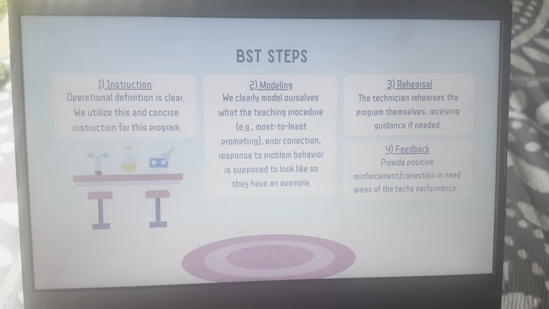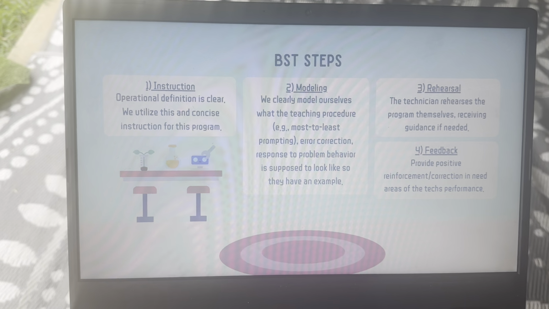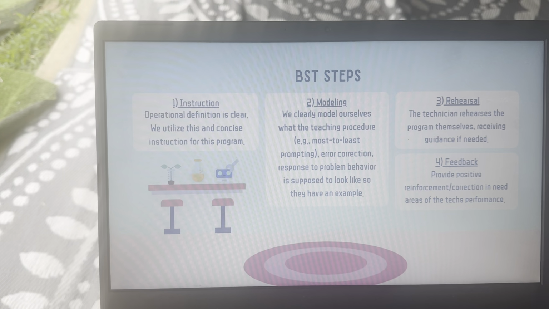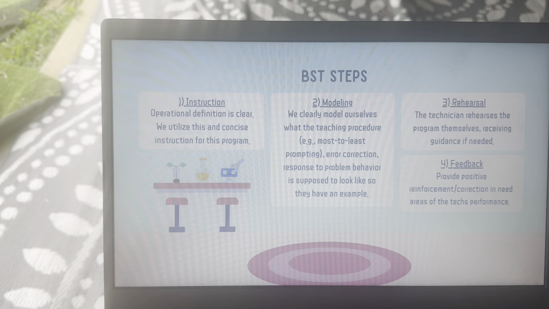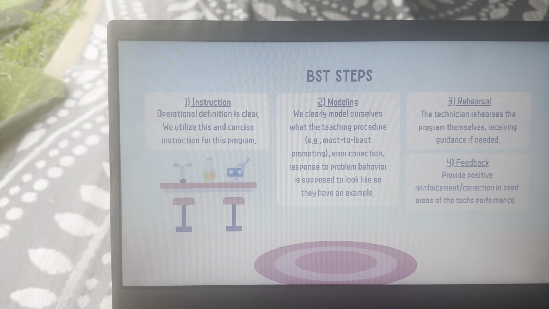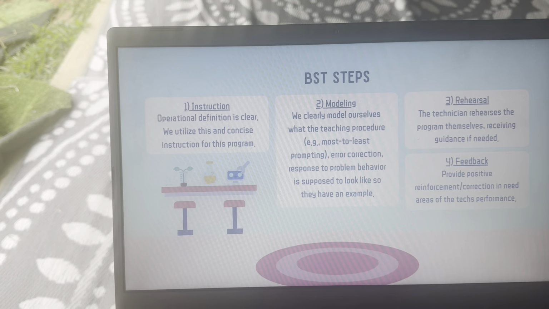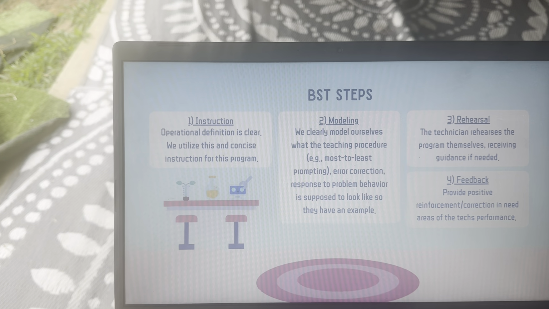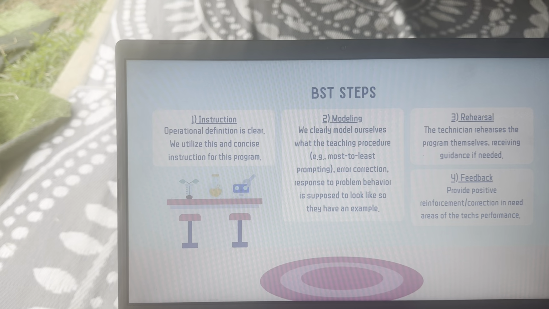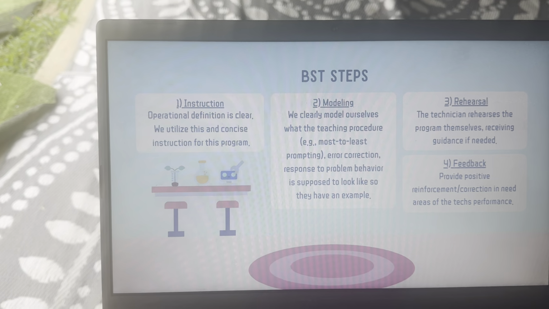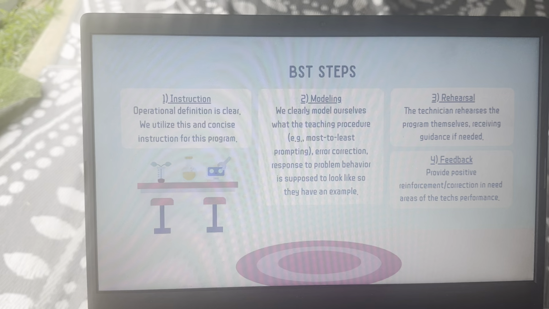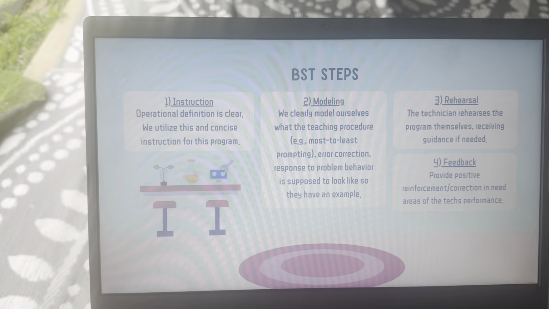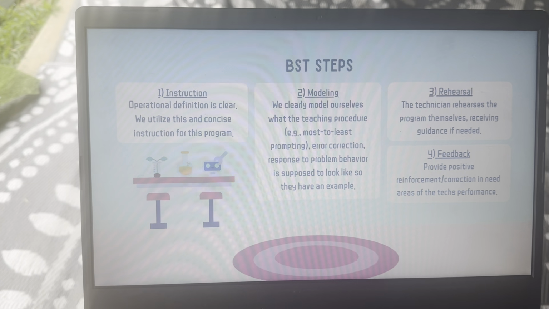So I broke down the steps of how we really want to utilize behavior skills training to teach these specific programs for this client. So 1, we want to provide an operational definition to the behavior that we're targeting that is very clear. Someone who does not do ABA at all or have any knowledge of ABA should be able to come in and read this definition and know, okay, that's clear enough that I can take data on this behavior.